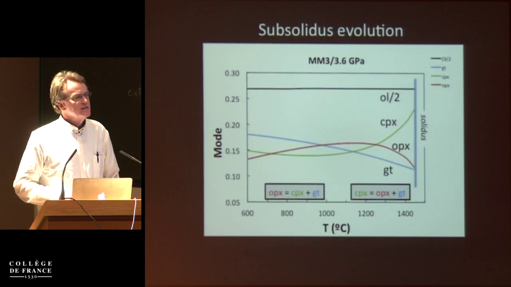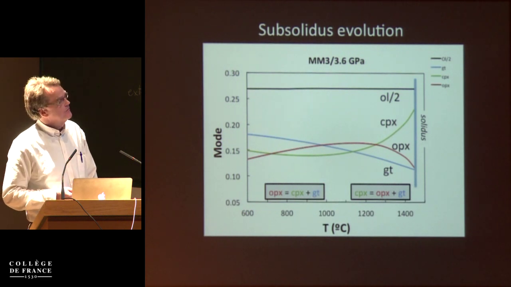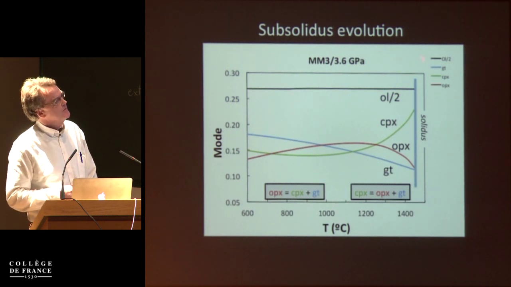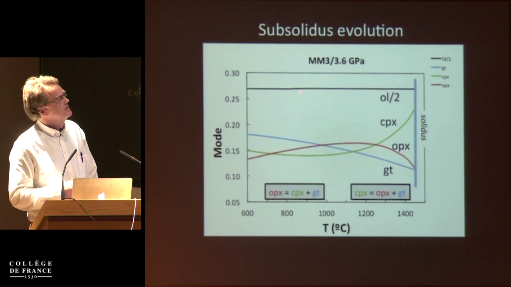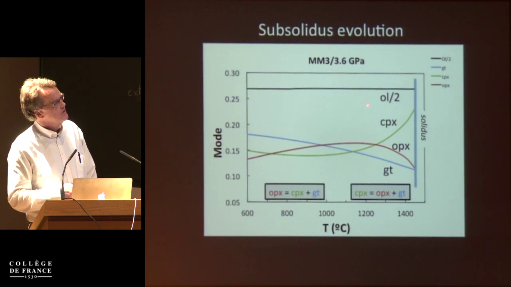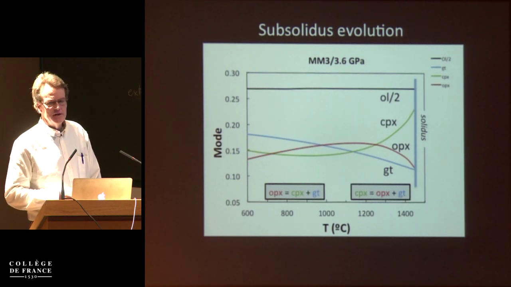So for the subsolidus phase relations from our calculator, I just want to show you one example. This is why it's important to track these things. This is MM3, a peridotite composition that's been used experimentally. If you decrease temperature, you can see that the olivine doesn't change much, but the proportions of clinopyroxene, orthopyroxene, and garnet change considerably.